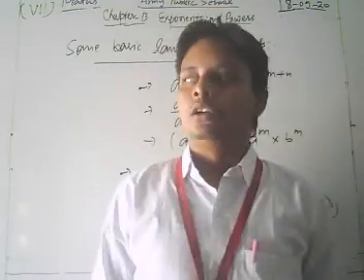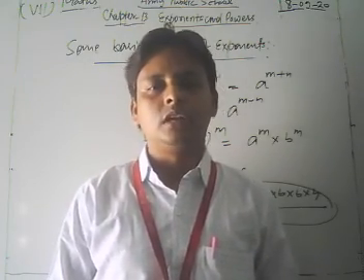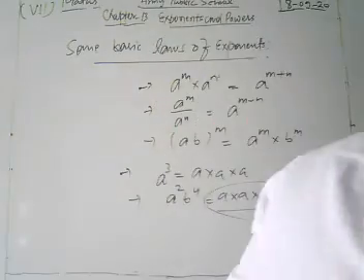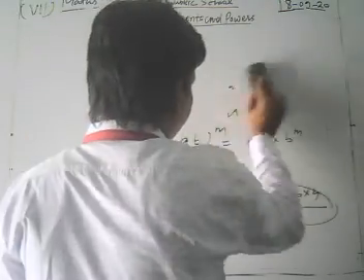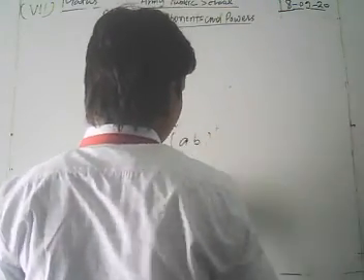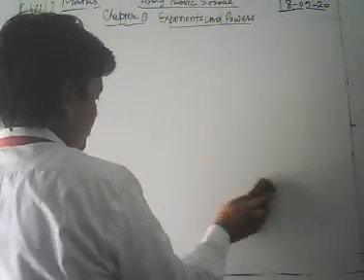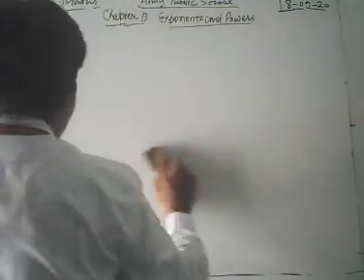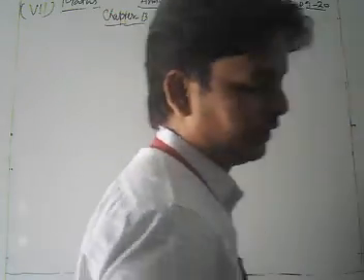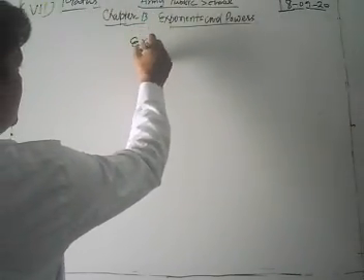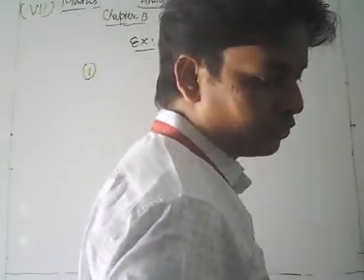Now, dear students, we solve some NCERT questions based on laws of exponents. We discuss some important questions of your NCERT exercise 13.1. We take the first question of this exercise: find the values of.